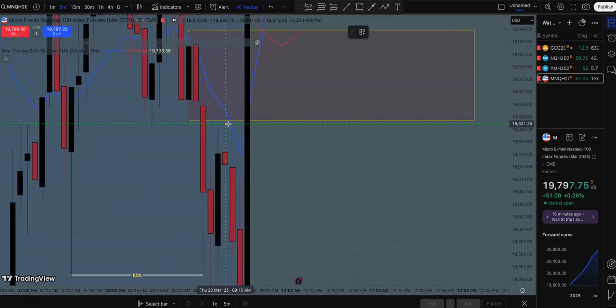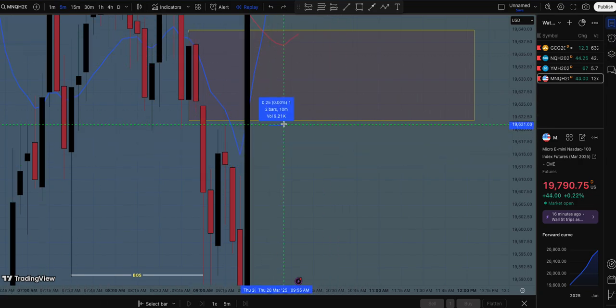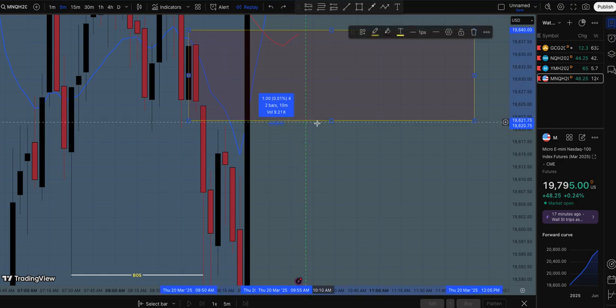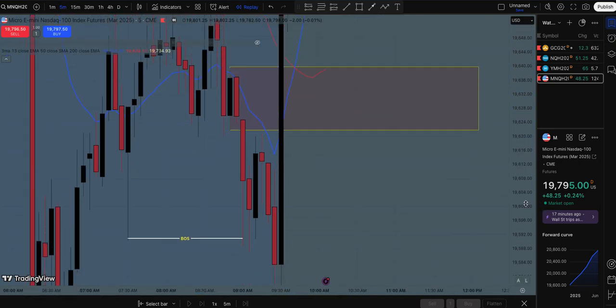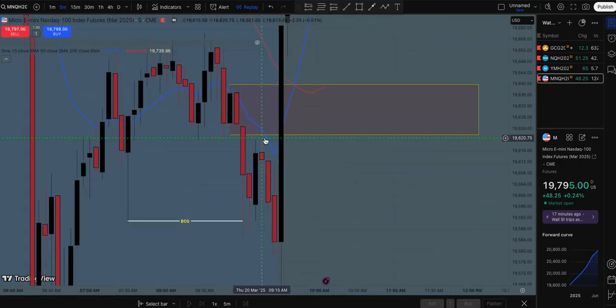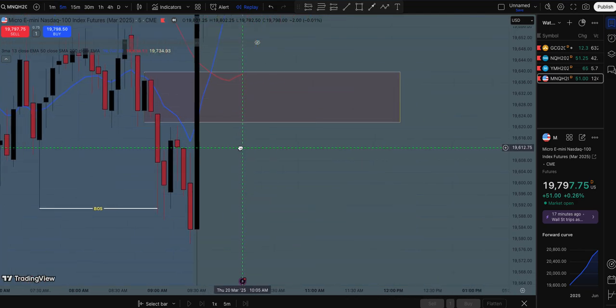So we'll look at the area here, all of the area here, right? We miss it by an inch. And if we measure it, we miss it by an inch. And in my book, it's still valid. This is a valid supply setup where you can get an entry from.